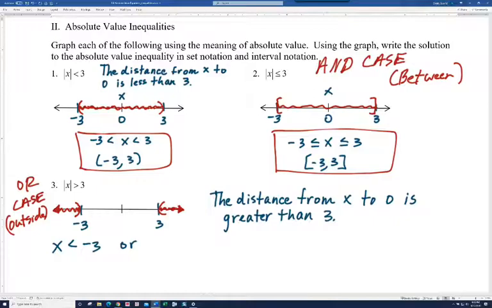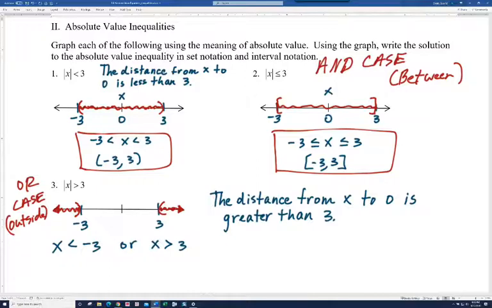And so on the right we have x is greater than 3. The reason we use the word or is because you can't have a number that's less than -3 and at the same time also greater than 3. You're basically over here or you're over here, but you can't be both. So this is the or case where we have everything outside two numbers.